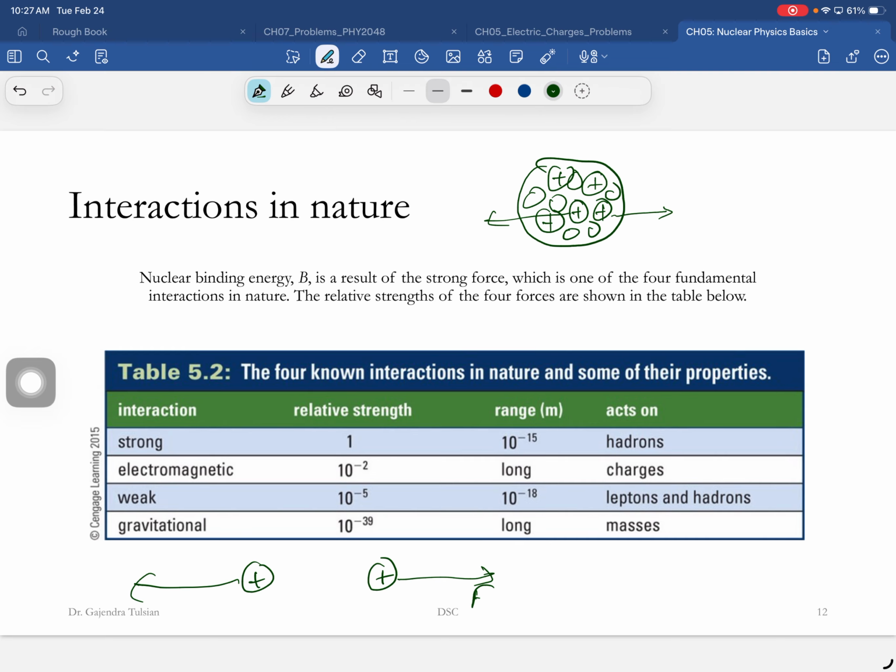Because it's a bound state, this weighs less than this one. And the more tightly this is bound, the greater the difference, and that's the binding energy. This is the amount of energy you would need to split it all into all the protons and neutrons. So the binding energy tells you how tightly the nucleus is bound.